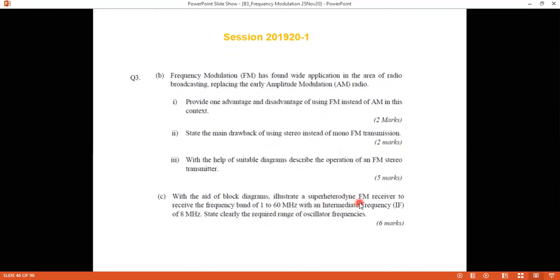Illustrate a superheterodyne FM receiver and clearly state the required oscillator's frequency. It is almost very similar to the previous question, just that the range of FC is different, but otherwise the same. Basically, you can use the same solution.